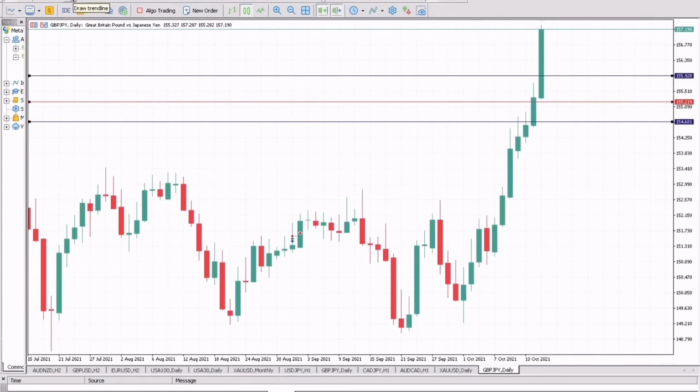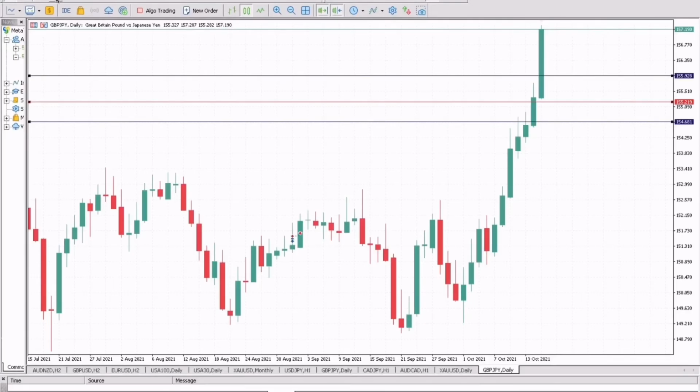Now as you can see, the market is still on the uptrend, so I understood the market was going to go up, so I clicked on buy. I entered a buy signal with 0.5 lot size, and that was it.